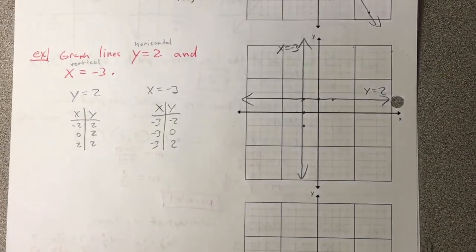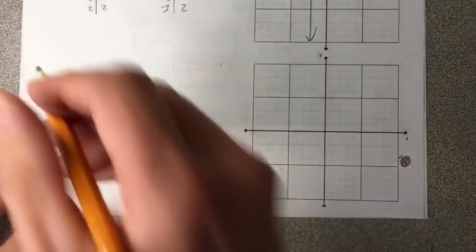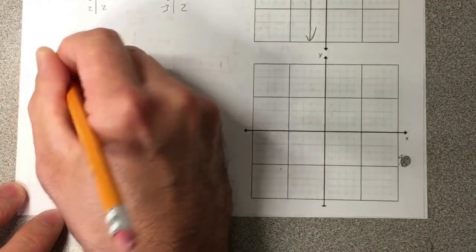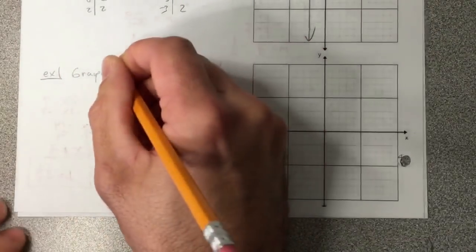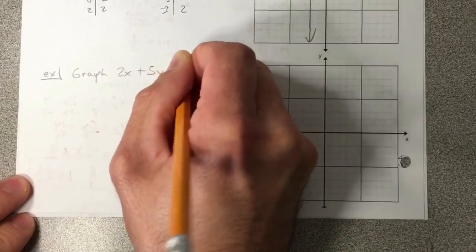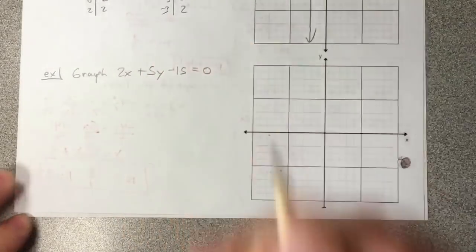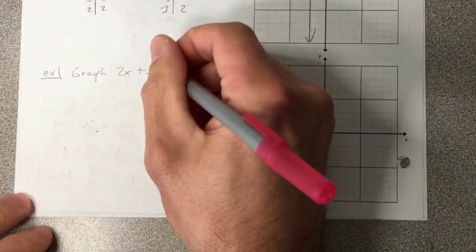All right, moving along, let's graph another example: 2x plus 5y minus 15 equals 0. Well, this is sure going to be easier to graph if it was written in slope-intercept form, so let's focus on doing that.